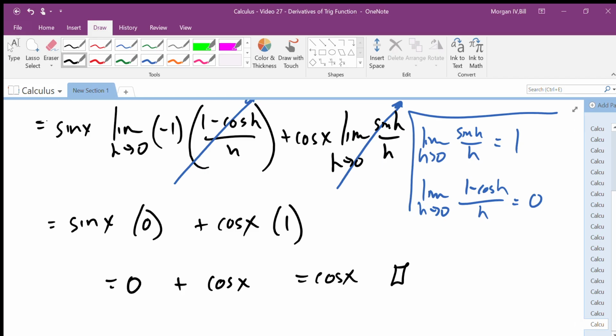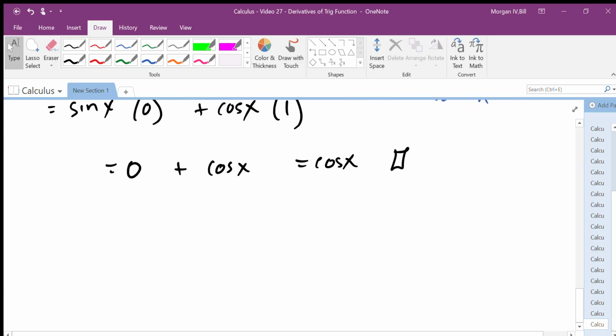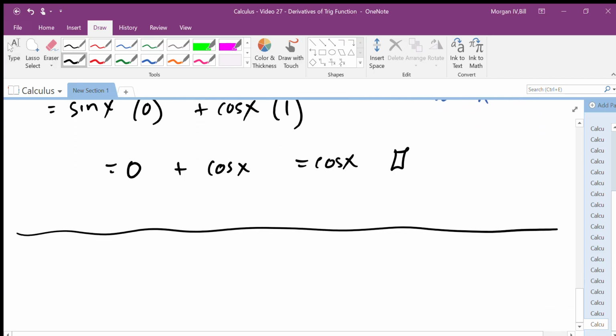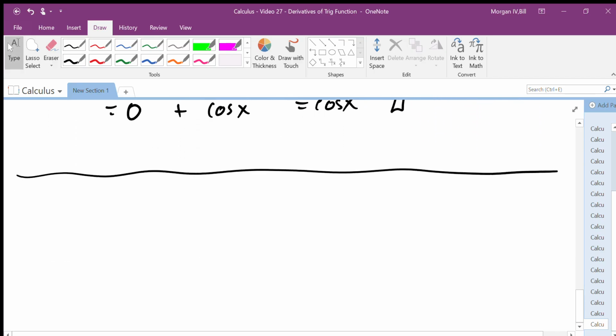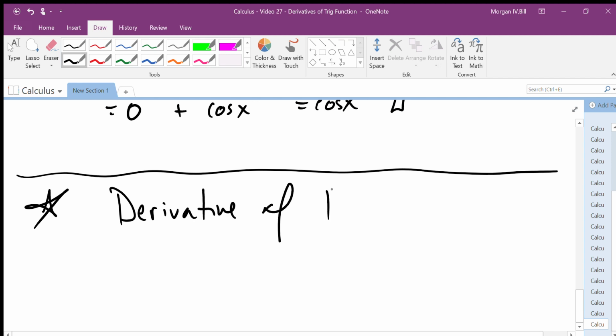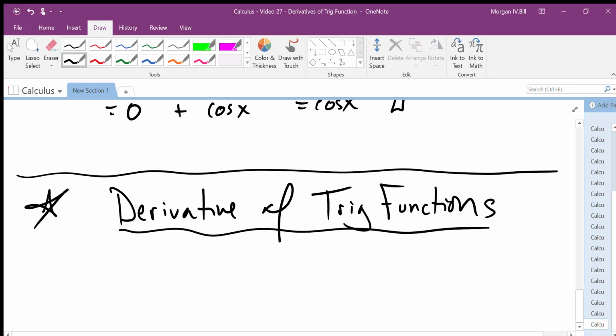Okay, enough proofs for a minute. Let's go ahead and write down all the derivatives of trig functions. So big star, need to know these derivatives of trig functions. I've proven one of them so far, but I don't have time to prove them all, or it would take a long time.